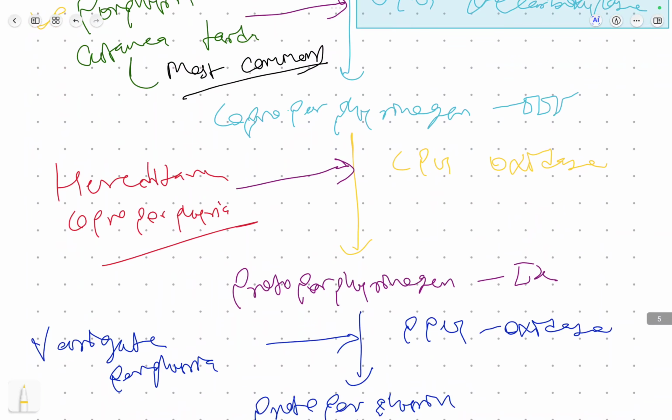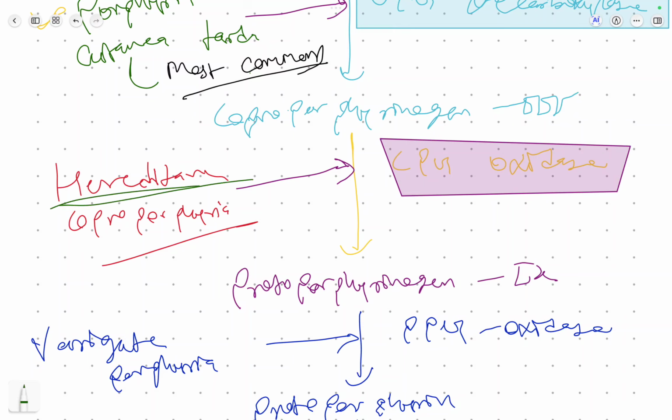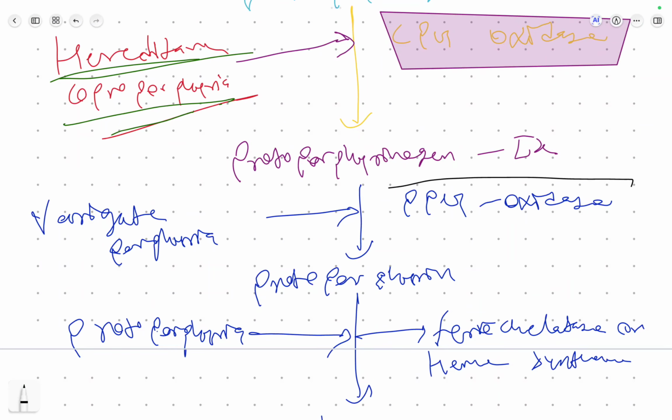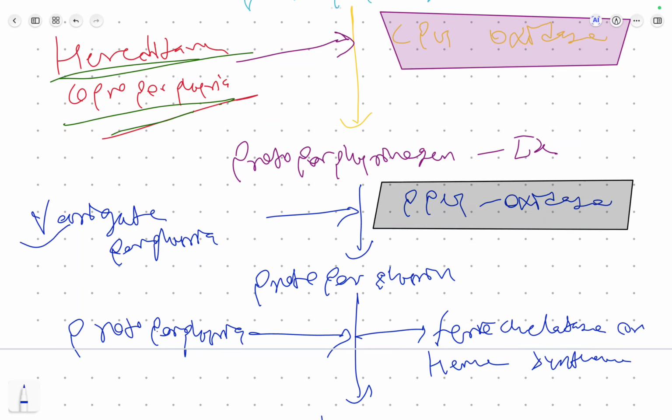And if the CPG oxidase enzyme is deficient, then we are going to suffer from hereditary coproporphyria. And if PPG oxidase is deficient, then we are going to suffer from variegate porphyria.